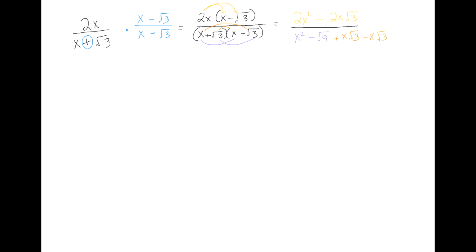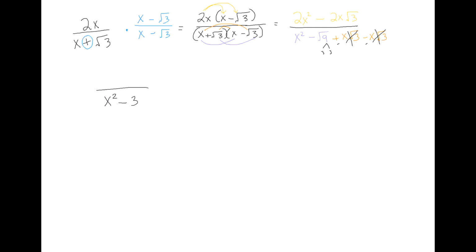So these are gone because they're the same exact thing but opposite signs. So they're going to cancel each other out. Square root of 9 is 3. 3 times 3 equals 9. On the bottom, I have x squared minus 3.